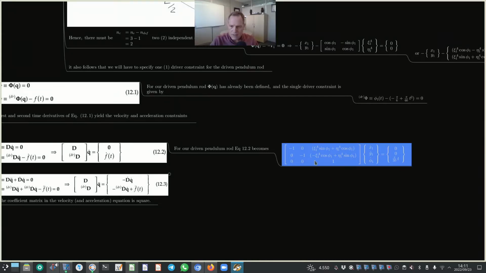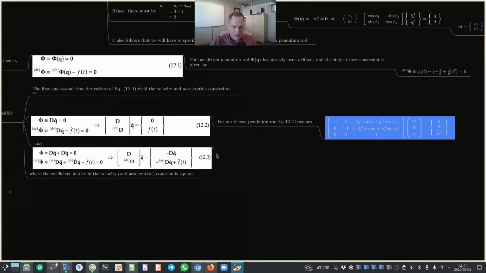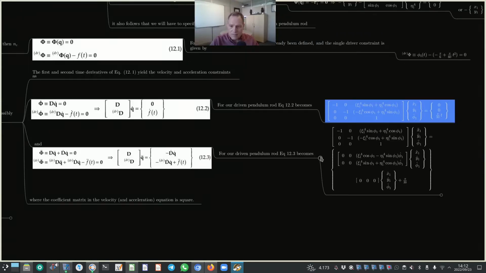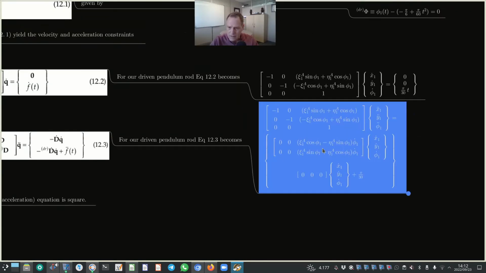You can check the maths if you like, but I'm pretty confident that it is correct. The acceleration constraint equations for our driven pendulum rod are given by this equation over here. It's simply the time derivative of equation 12.2.